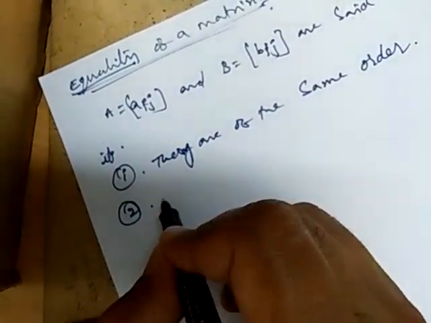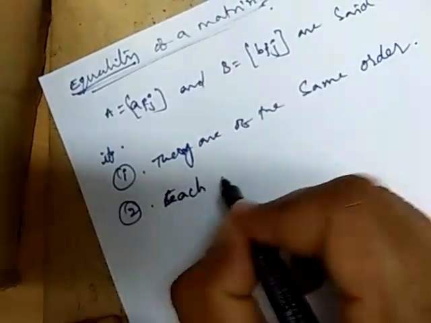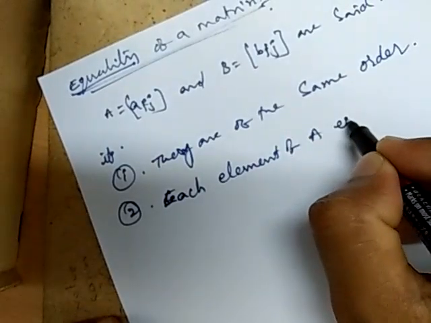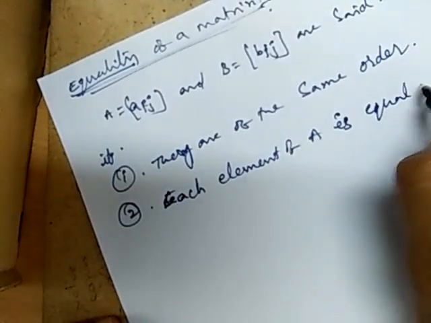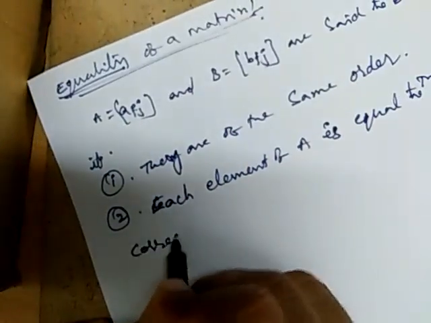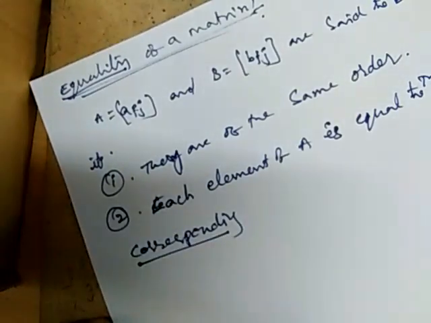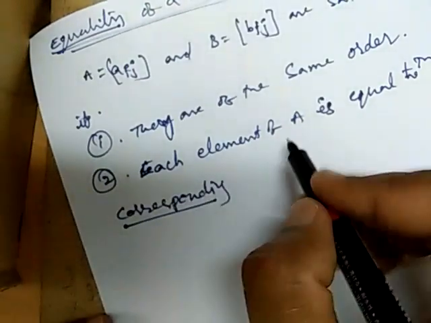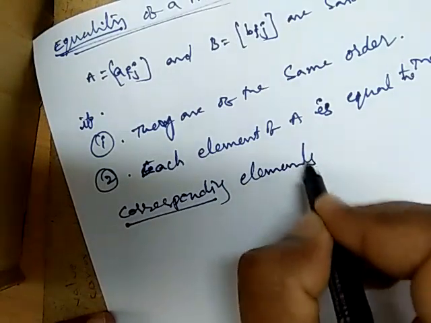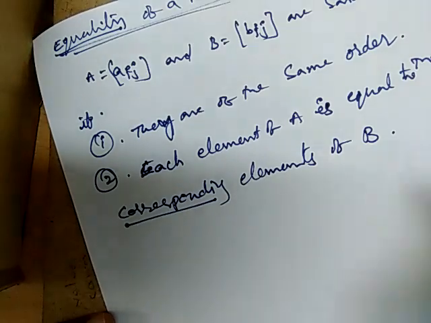Second, each element of A is equal to the corresponding element of B. This term, corresponding, is very important.